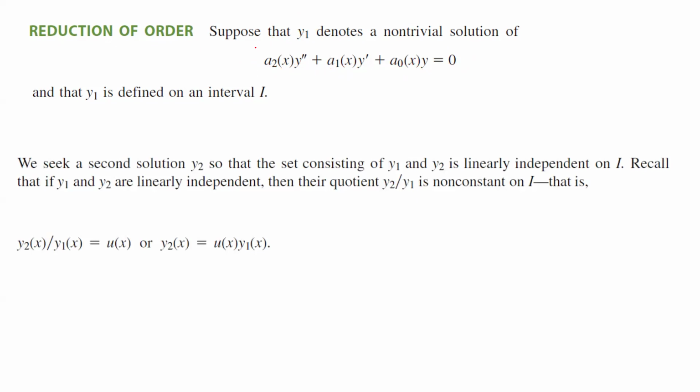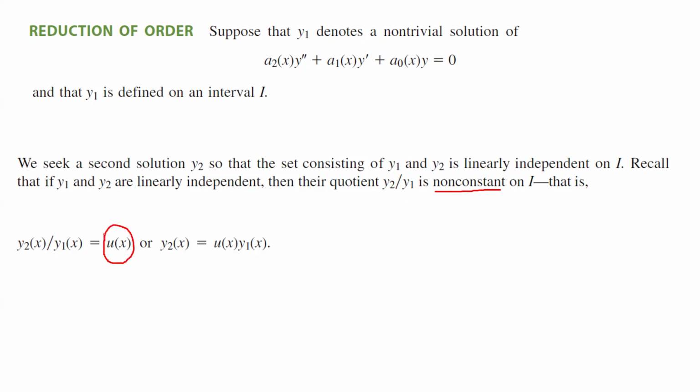To seek the second solution, y sub 2, remember that y sub 1 and y sub 2 need to be linearly independent. When we say they are linearly independent, it means that if you form their quotient, it is non-constant. It must be a function. So if you divide y2 by y1, it is equal to a function like u of x.